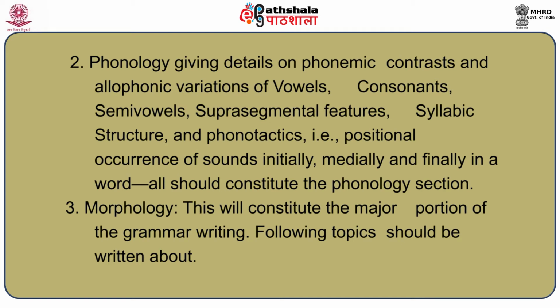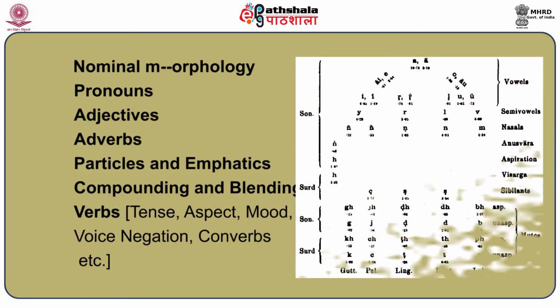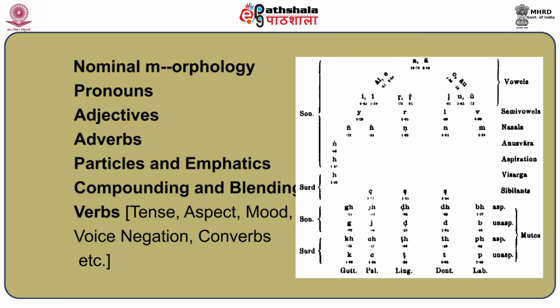The third chapter of the grammatical sketch should be of morphology, which should be perhaps the widest, the longest one, because this will constitute the major portion of your analysis, and the details under each category that I'm going to enumerate are given in module number 10. Please consult that. So you will be writing on nominal morphology.